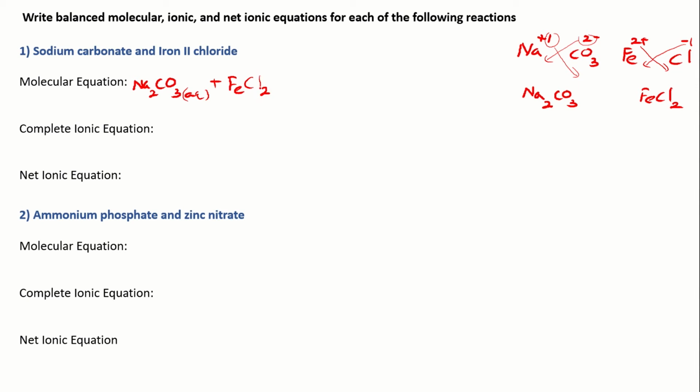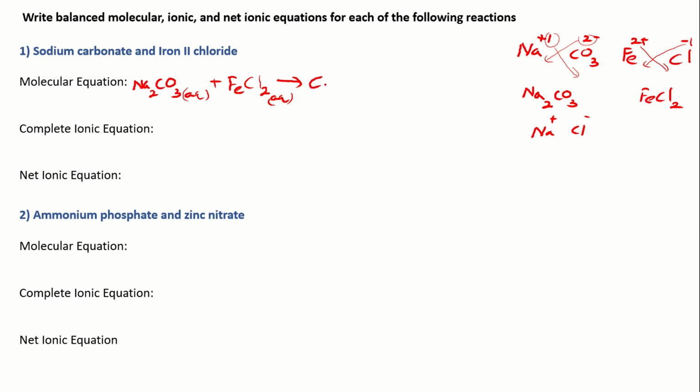Is this water soluble or not? It is. Why? All chlorides are generally water soluble except for lead and silver. And you know the precipitation reaction, they go through double displacement. Exchange the partners. Now pair up sodium with chlorine and iron with carbonate. If you want to pair up sodium with chlorine, you know sodium is +1 and chlorine is -1 from here.